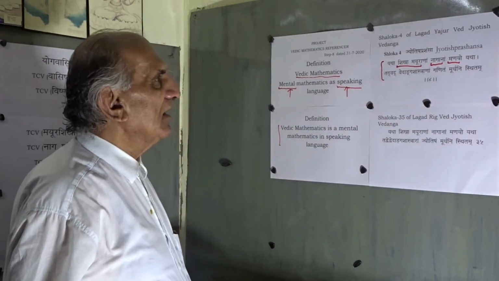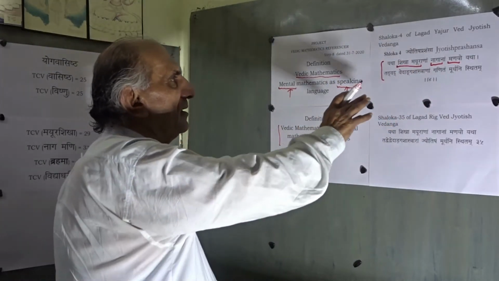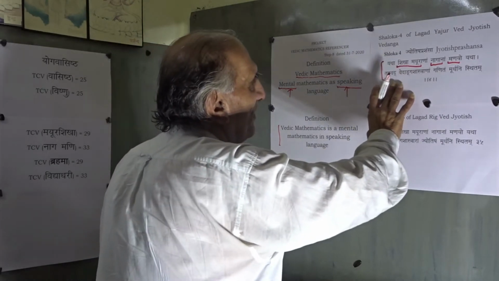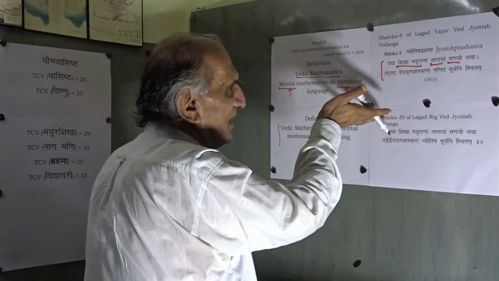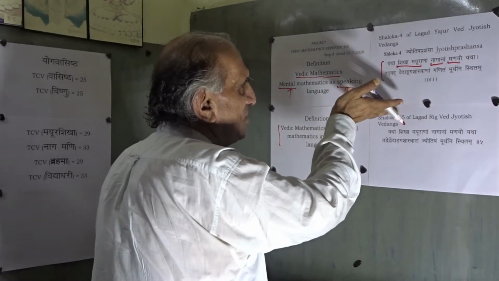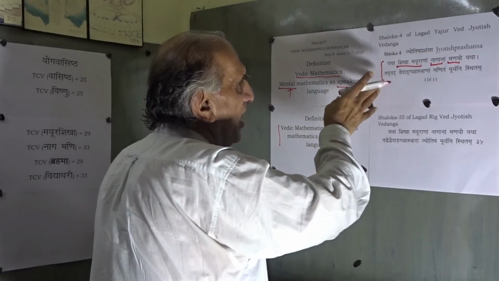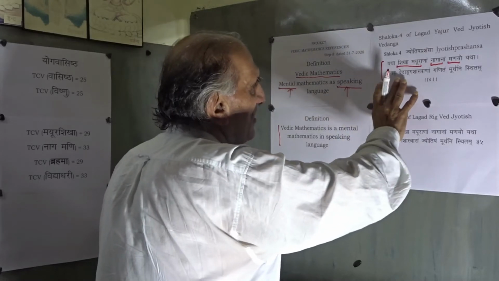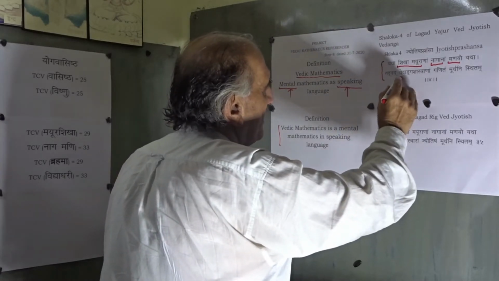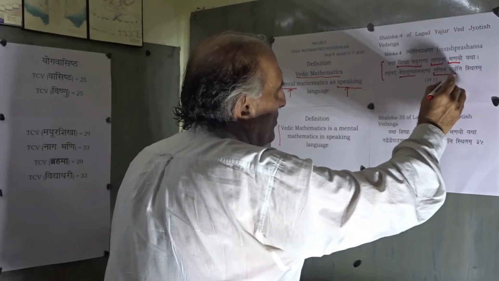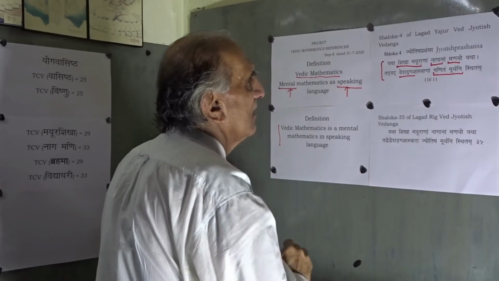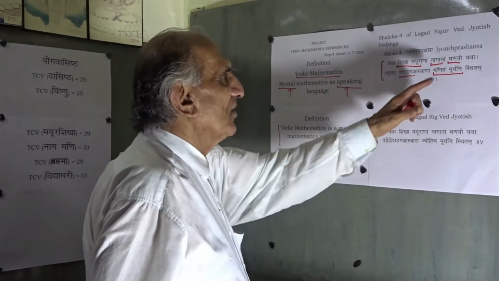So Nag Mani and Mayur Shikha are the expression for appreciation of the domain of Vedic mathematics amongst the Vedangas as Ganitam Murdhani, a transcendental state of mathematics.